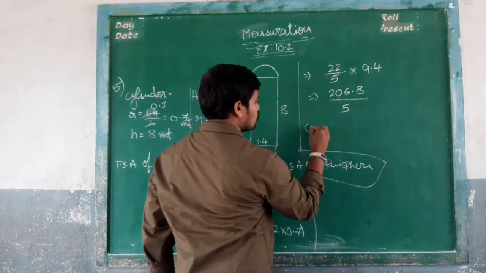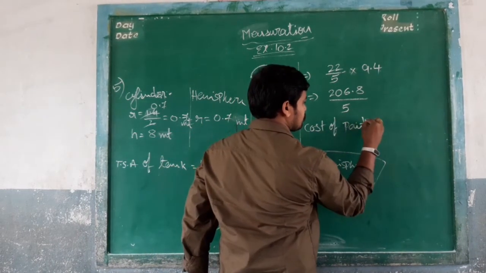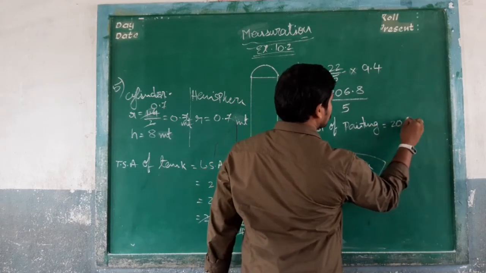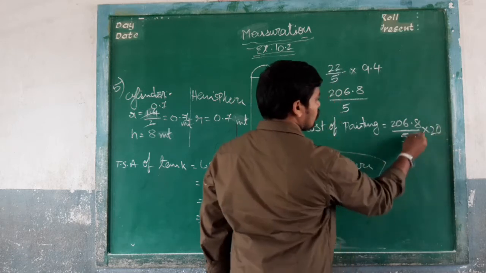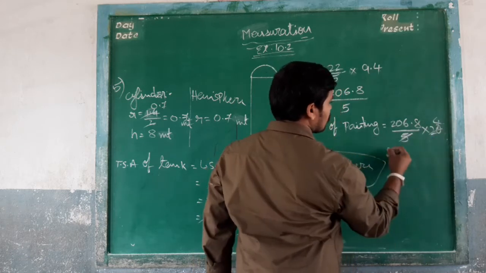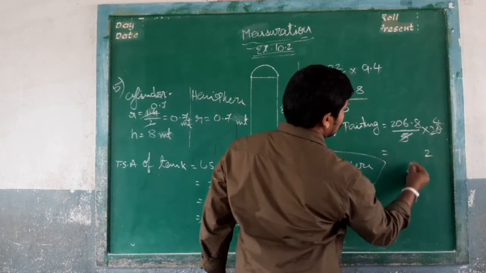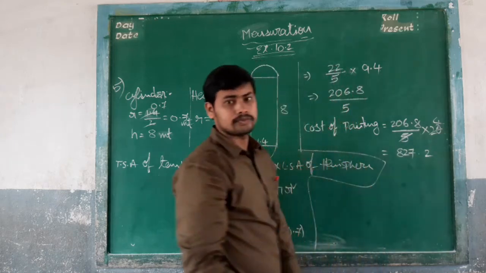So now the cost of painting is 206.8 by 5 into 20, that equals 827.2.